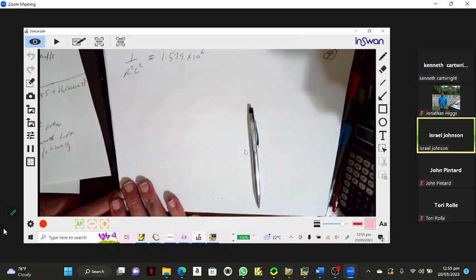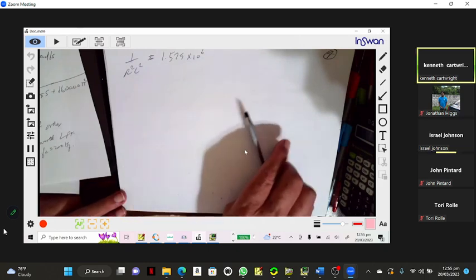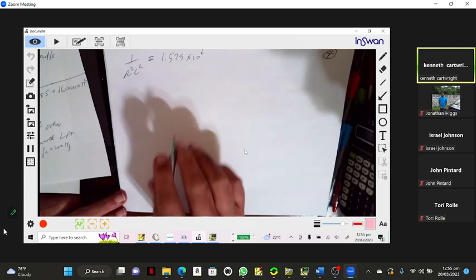Couldn't we solve for C and then assume an R value? Yes, we'll assume a C value.